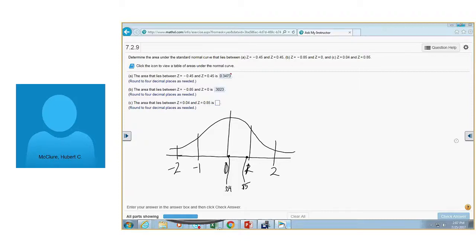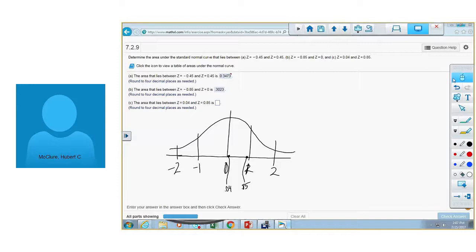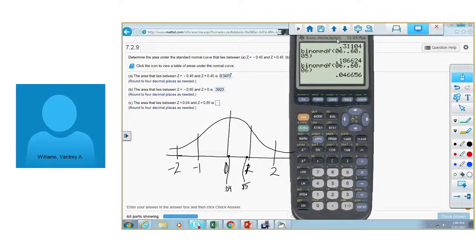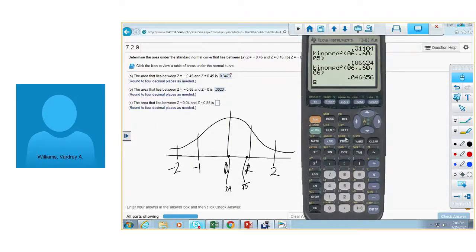So second bars, normal CDF, 0.04, comma 0.85. Okay, 28% or 29%.